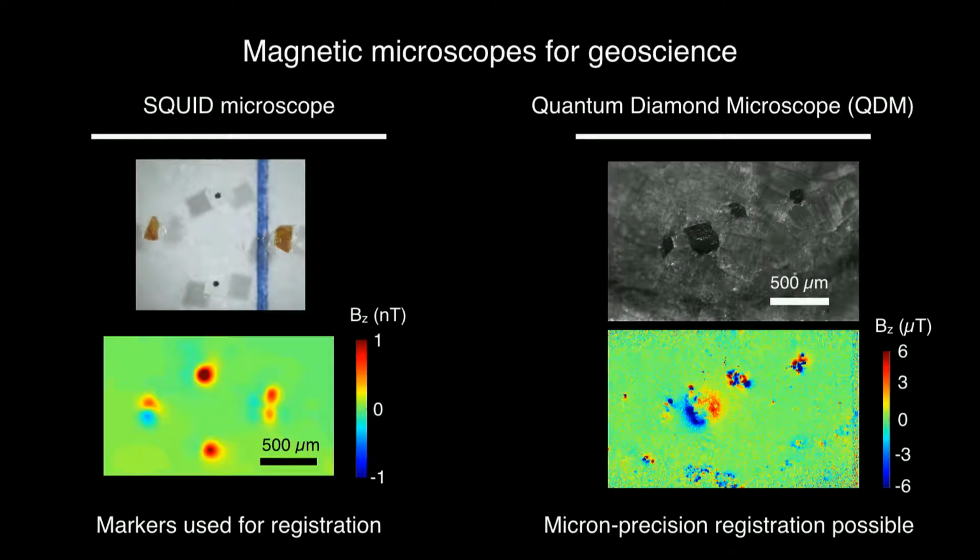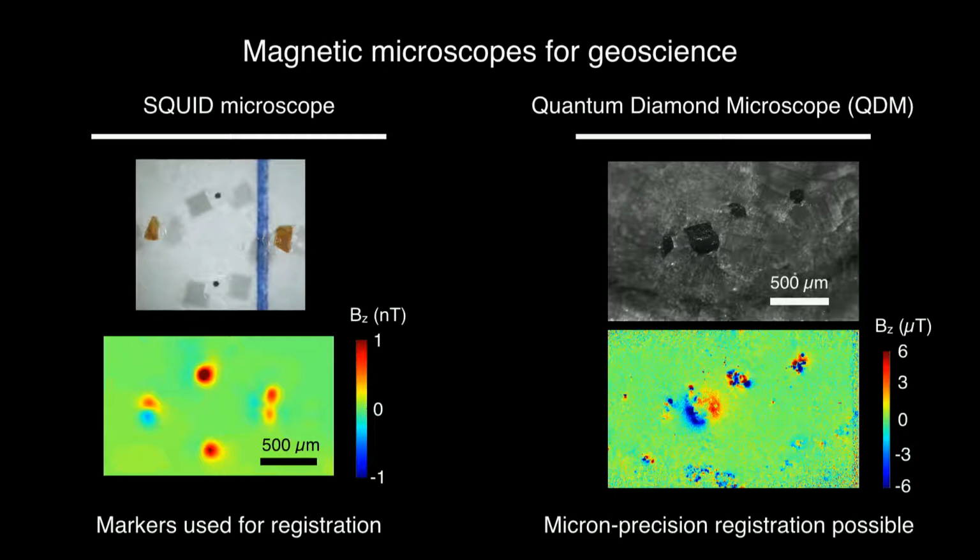Another property of the QDM that makes it very suitable for high resolution imaging is that, because it's an optical detector, you can image your sample optically and magnetically using the same camera.